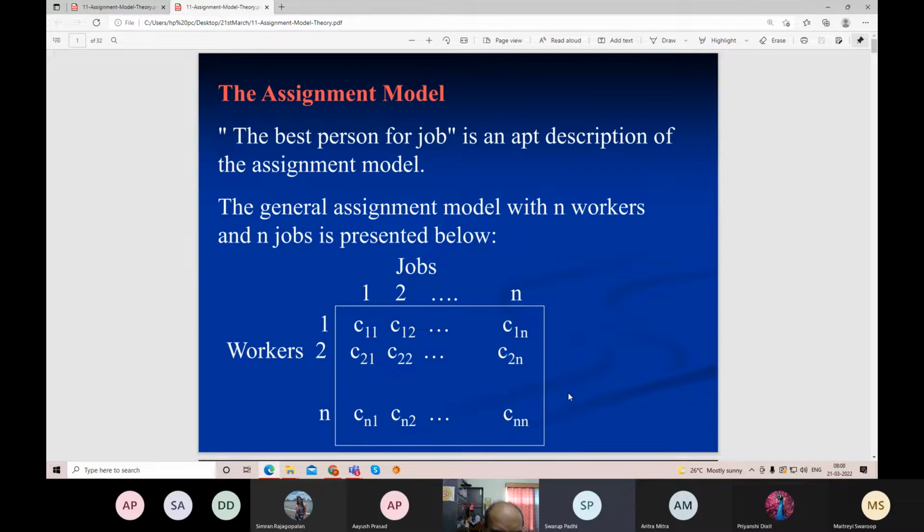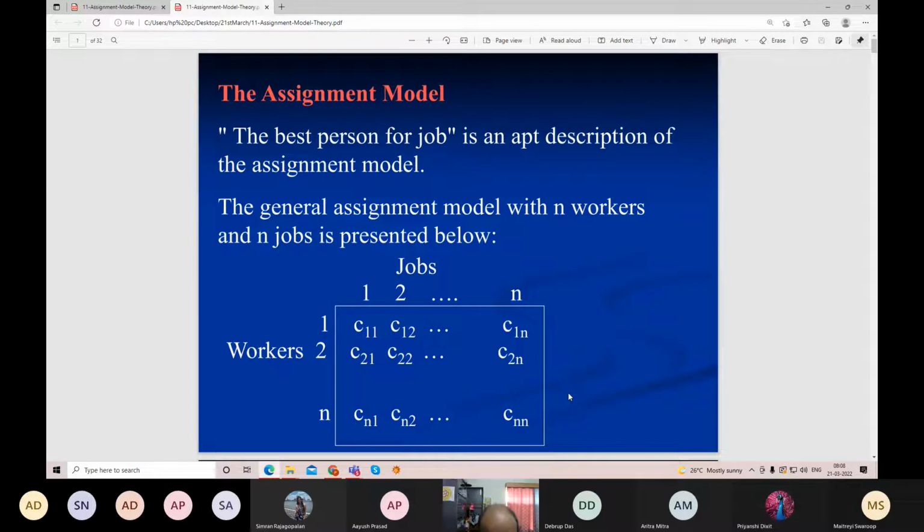For example, if somebody is assigning arbitrarily, the first job can be assigned to one of the workers, say the first worker, in n number of ways.